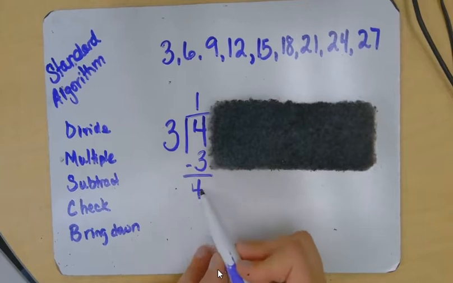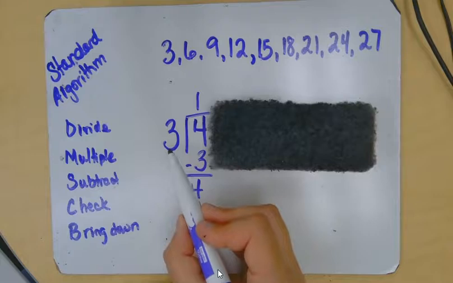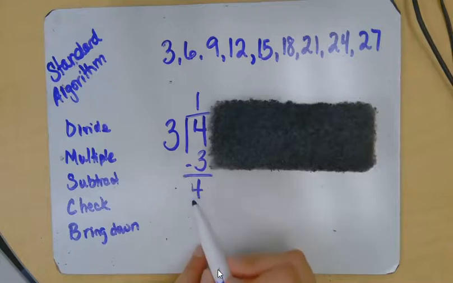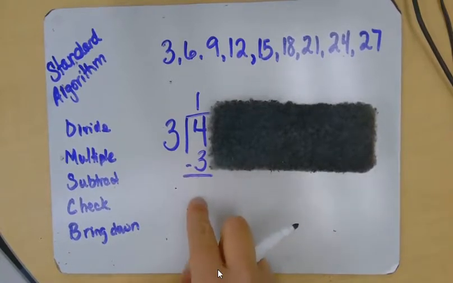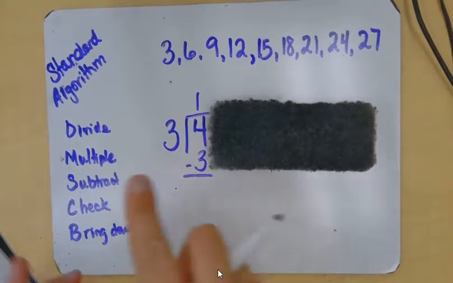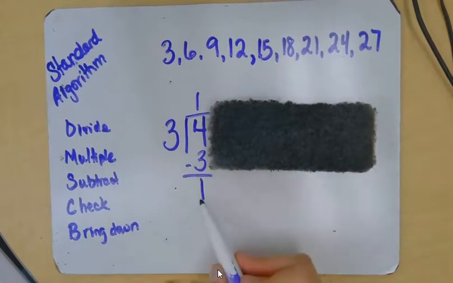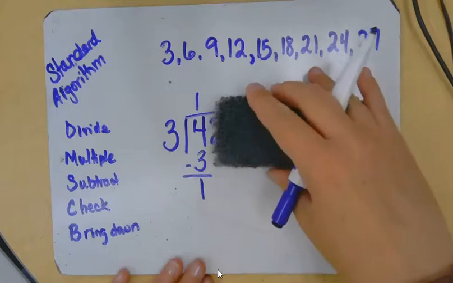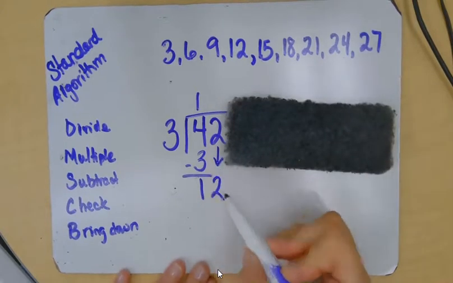If I had 4 tallies, that means I could have split this in another group and I didn't. So I didn't find my biggest multiple up here. If that number is 3 or more, then you have to go back and start all over again. We got a 1, so we're good to go. And we can move this over and bring down our next digit, which is the 2.